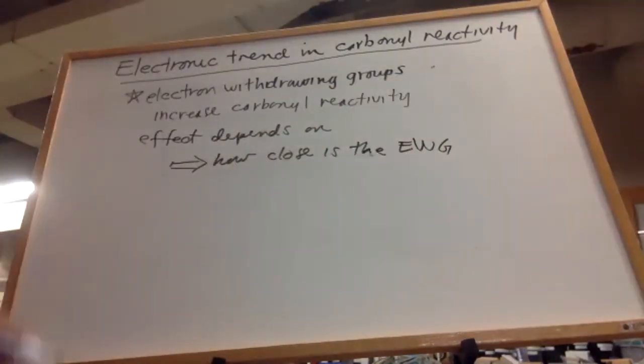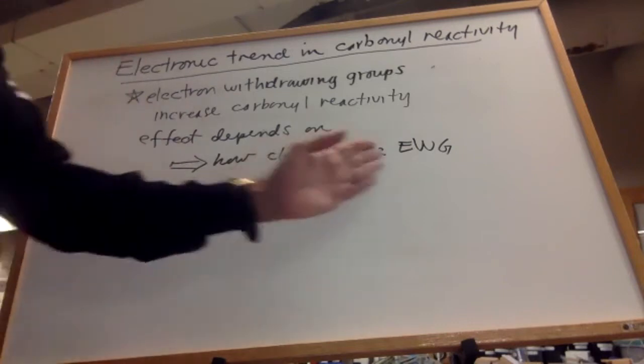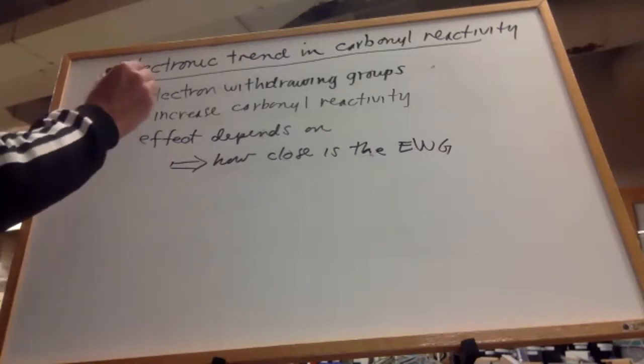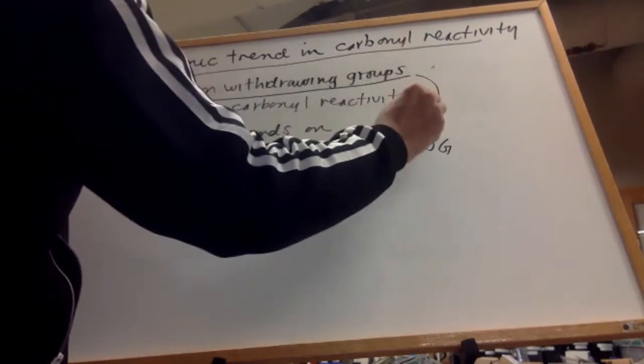Electron withdrawing group takes an awful long time to write, and an awful long time to say, so I'm just going to abbreviate it EWG.